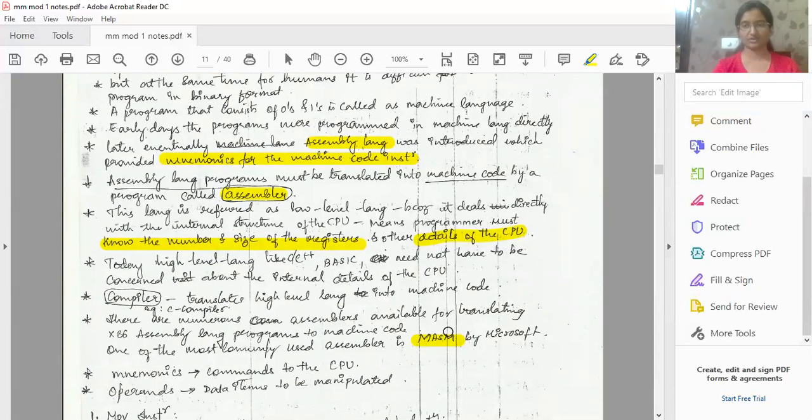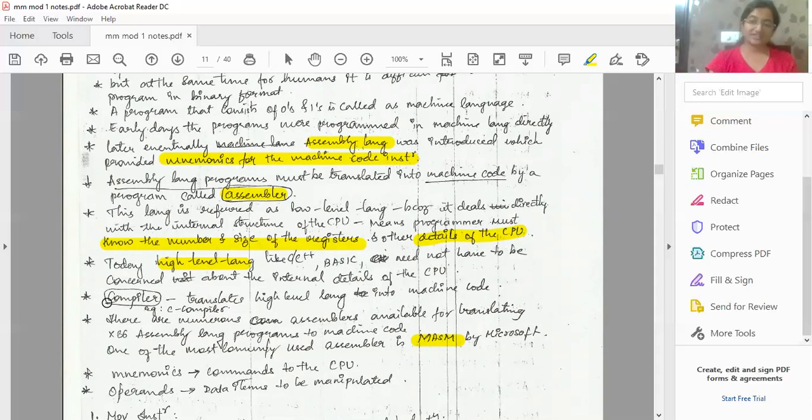Slowly, we came up with high level languages, which are very user friendly: C, C++, Basic, Java, and others. These are called high level languages because the programmer is very comfortable writing programs in them.